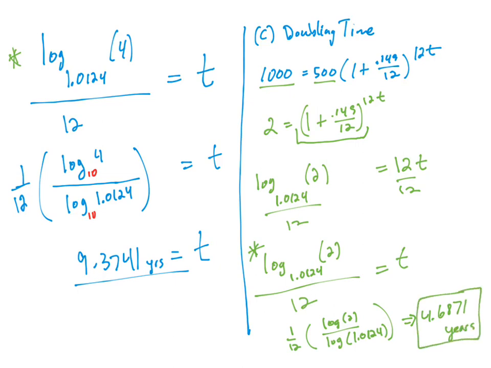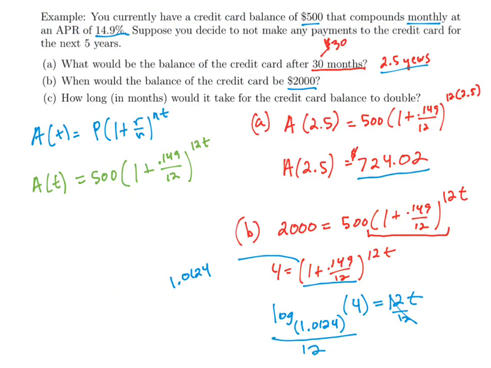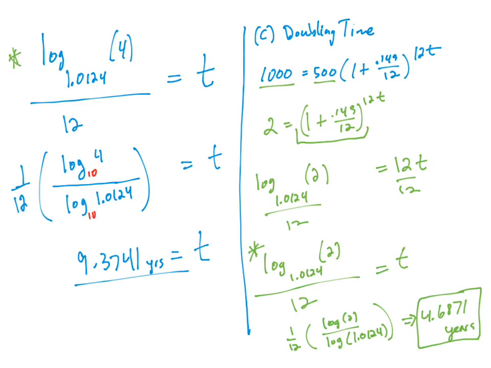So the balance of this credit card would be $1,000 after about 4.5 years, and that's in line with the rest of the values that we came up with. So we saw that after 2.5 years, the balance would be about $724. After 4.5 years, the balance is up to $1,000, and then after 9 years, the balance is up to $2,000.